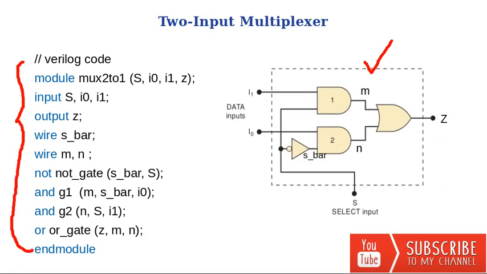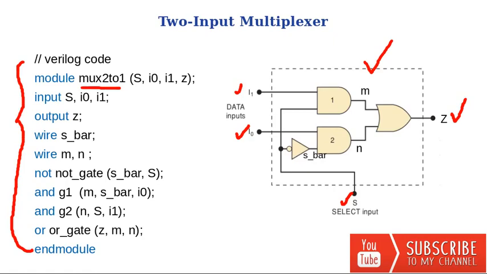Here the module name is MUX 2 to 1. Now what are the inputs and outputs of this circuit? If we see in the figure, the inputs are I1, I0 and the select input, and the output is Z. So in the next statement we describe the input and output separately.